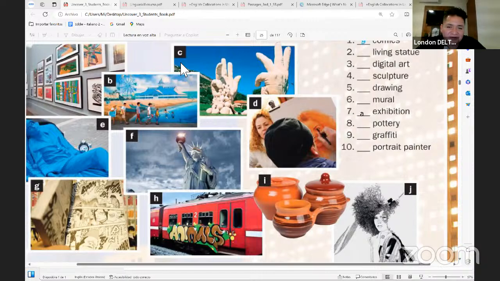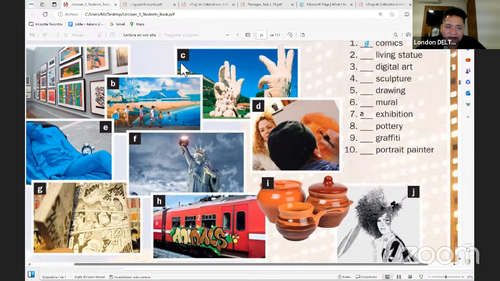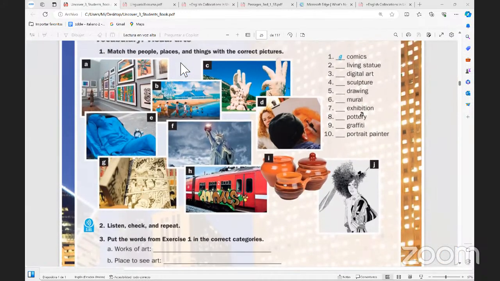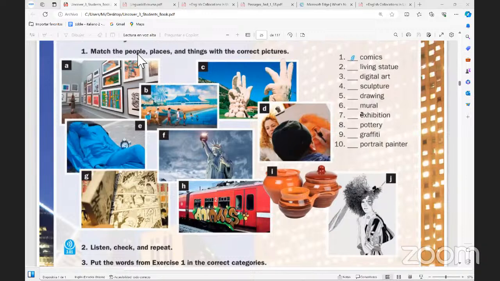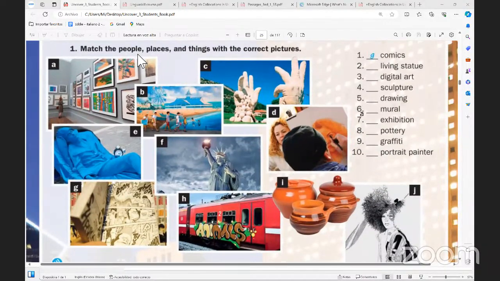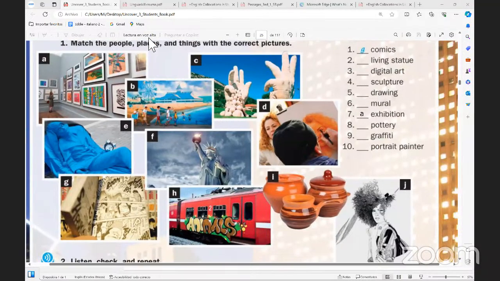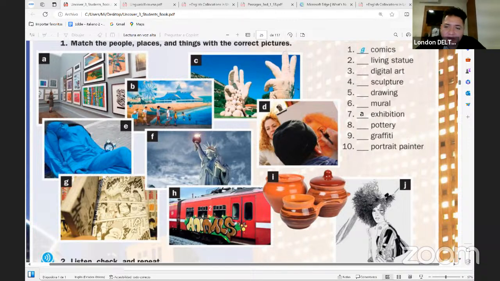Algo así, ¿no? I don't know. Mural. Excellent. So in this case, I think the best answer is a mural. Very well. Un mural.